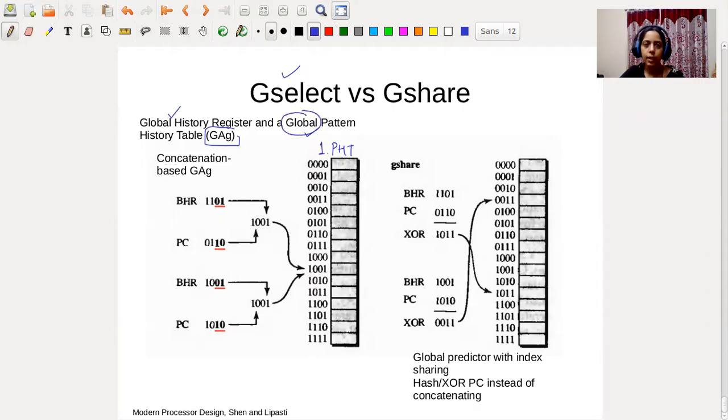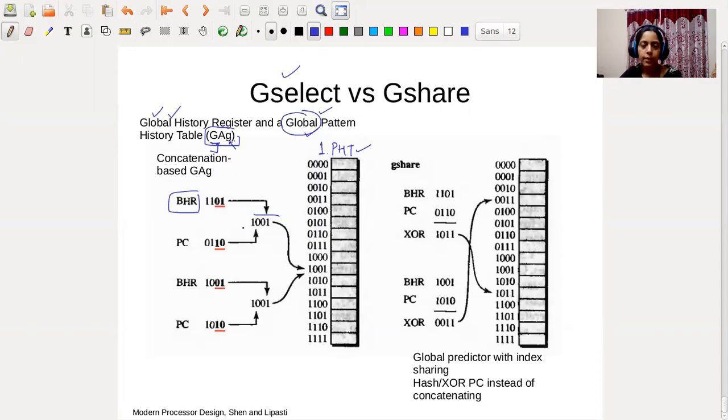There is a global history register, a single branch history register. That's why it's called global. And there's a single PHT shared between different branches, and therefore it's again called a global PHT. So that's what is called GAg, global address and global pattern history table.